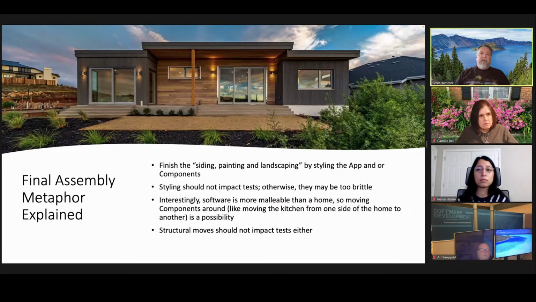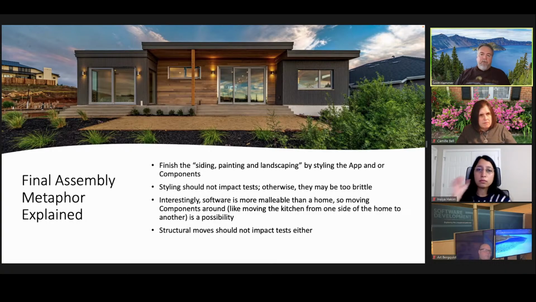And then lastly, the final assembly metaphor is, in the housing industry, where we're doing our fit and finish, our siding, our painting, landscaping. So in that case, the final assembly metaphor here is really around the CSS and the repositioning and such to make sure our user interface is gratifying.